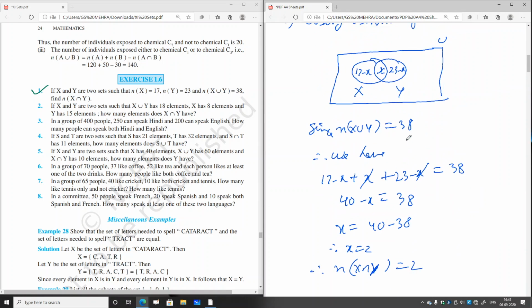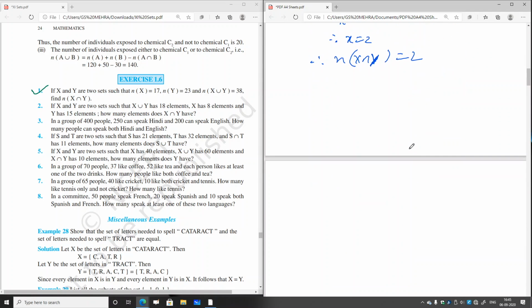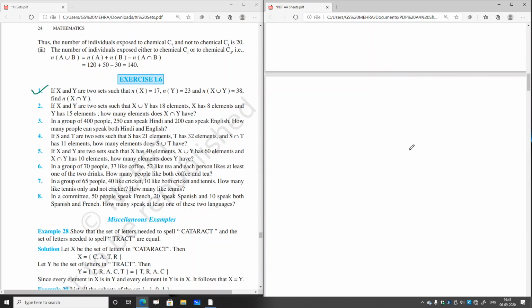Now we can do the same one by using the formula also. So let us do question number 1 by the formula method. So, second method: here n of X equal to 17, n of Y equal to 23, n of X union Y equal to 38.